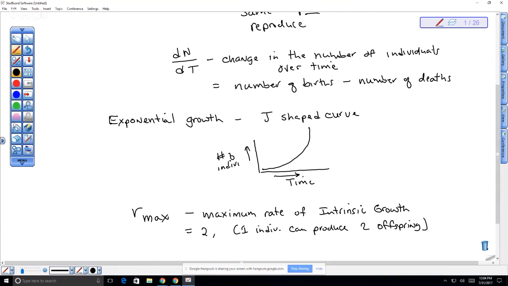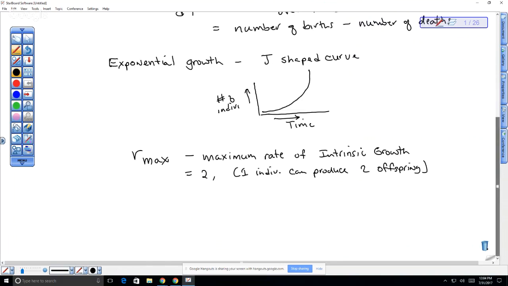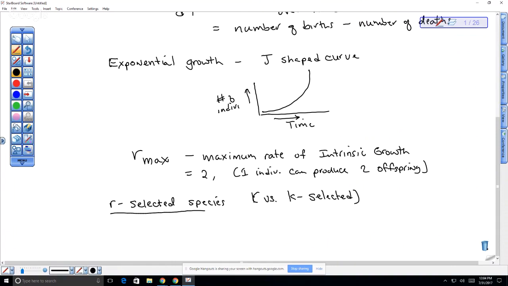And we actually looked at another term, which was referred to as R-selected species. So R-selected species are versus K-selected. R-selected species are known to have a high reproductive rate and to produce lots of offspring.